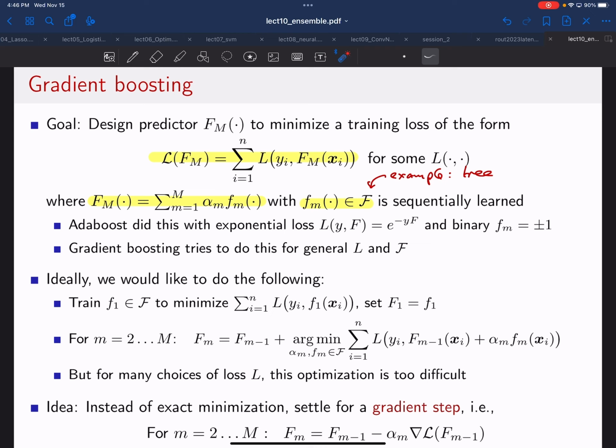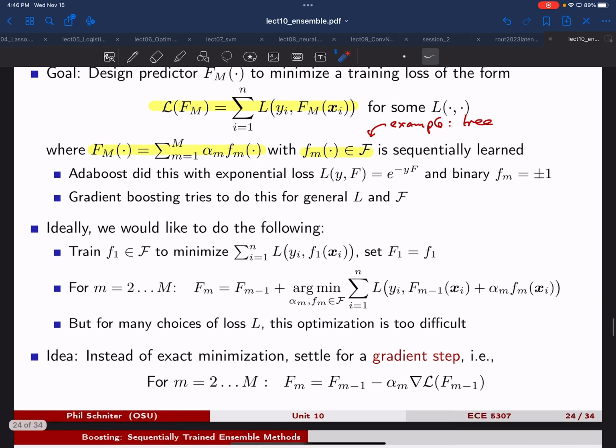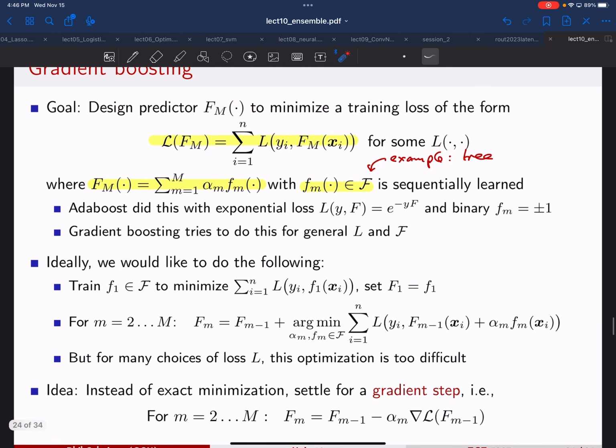The problem is that this optimization is just too difficult for most losses. We saw how we could do it with exponential loss and binary outputs, but in general, it's just not tractable. So the whole idea behind gradient boosting is to approximate this exact optimization with a gradient step.